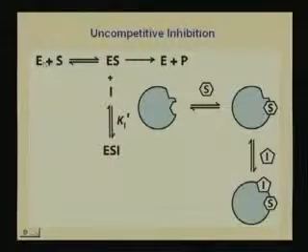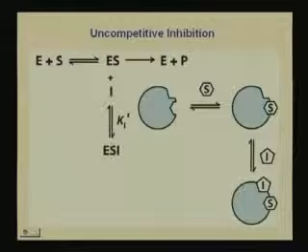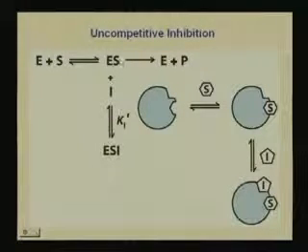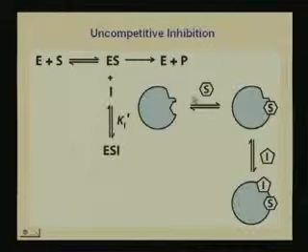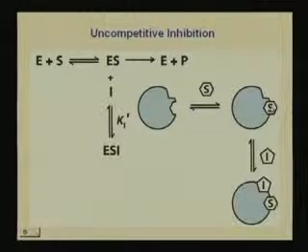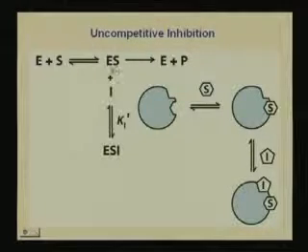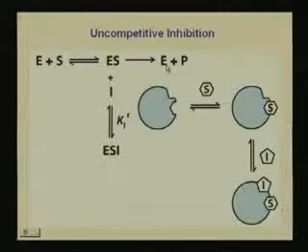So, we have E plus S going to the ES complex, which can add the inhibitor to it, forming this ternary complex again, and the ES can dissociate into the E plus the P. So, this is our enzyme, this is our substrate that sits here, and we have the enzyme substrate inhibitor ternary complex look like this. But again, it is the enzyme substrate that is going to form the product.